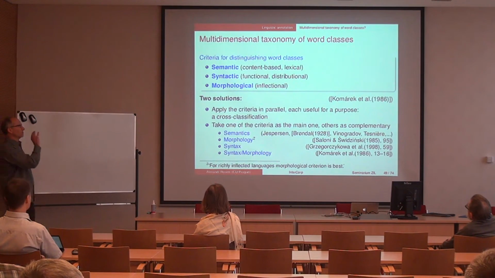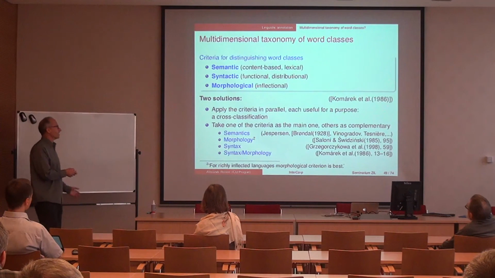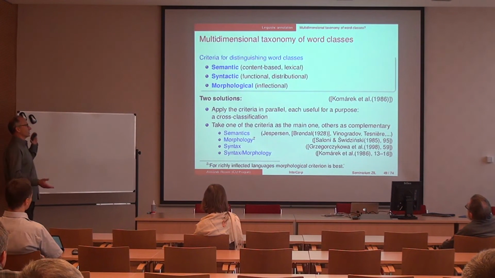So, about that multi-dimensional taxonomy. At one time, it seemed to me like a very, very nice idea, because it's based on those criteria for distinguishing word classes: semantic, syntactic, morphological. You can either pick one of those and treat the others as supplementary, or you can apply them in parallel.